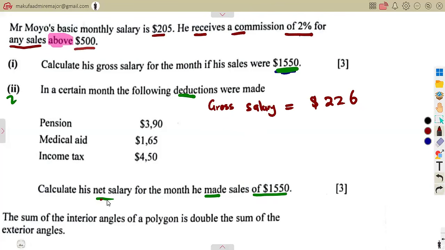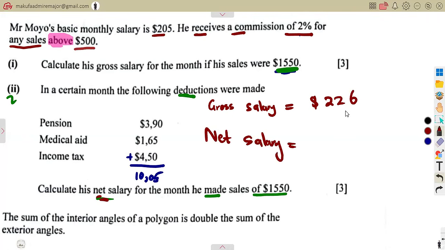Calculate his net salary. So the net salary now is that you're going to remove these deductions. If you add these deductions together, like I said, guys, this is paper 2. That's the use of a calculator. So if you add this, you're going to obtain 10.05 as your deductions. From there, to obtain the net salary, you're going to subtract.